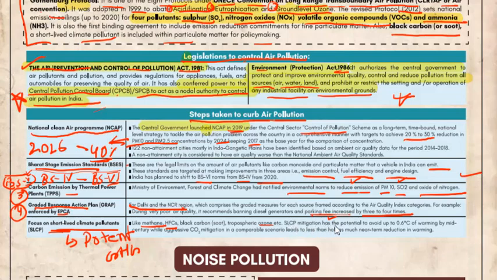migration has been put in to avoid up to 0.6 degrees C of the warming by mid-century, which this aggressive CO2 mitigation in comparable scenario leads to less than half as much as near-term reduction in warming.